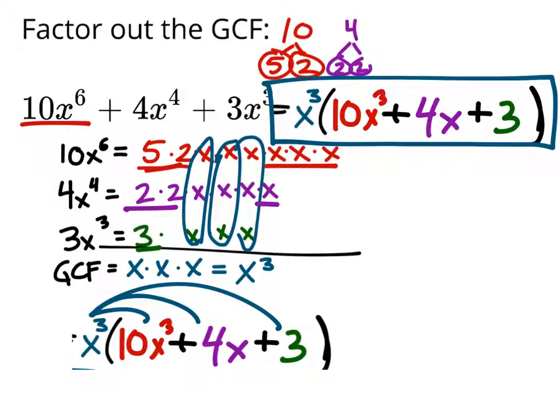That's not the answer, but we need to get that if we check our answer by redistributing it back. Now, does that guarantee that x to the power of 3 is the greatest common factor? Only if we've done our footwork in the beginning correctly. Because if we've missed something, then it may turn back into that original expression, which will give you most of the points. But if you miss one of the common factors as part of the greatest common factor, then you'll still lose some points on the test.